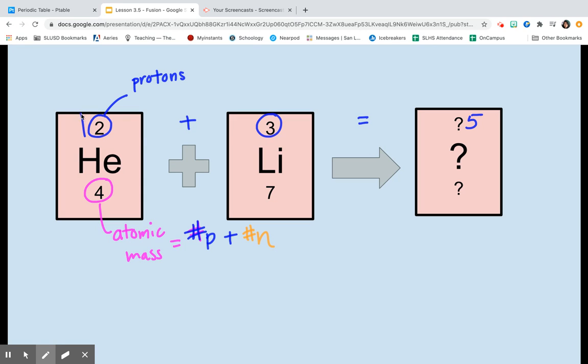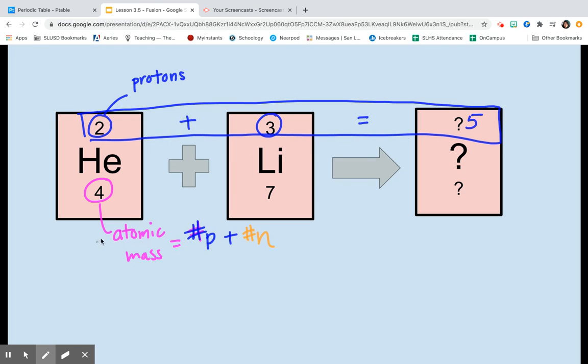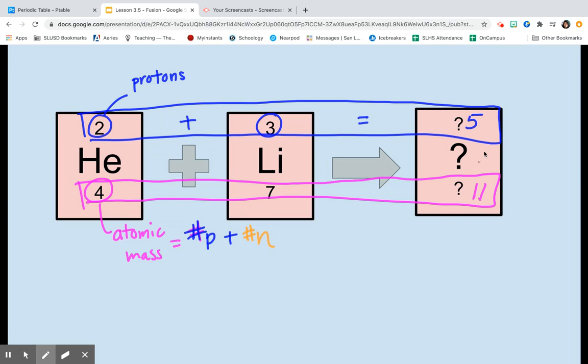So I'm treating this top row as something I'm adding together, right? What will the mass of this atom be? Well, let's add up the bottom numbers and see what we get. All right, so 4 plus 7 is going to be 11. All right, so whatever this new element I made has 5 protons and a mass of 11.